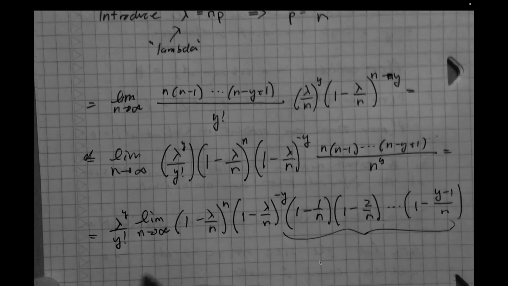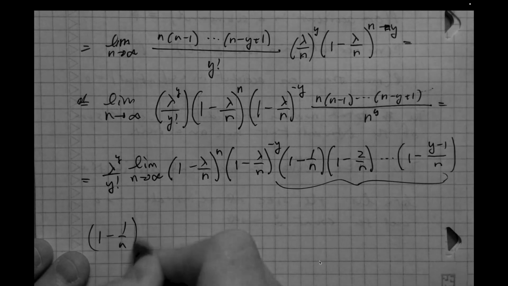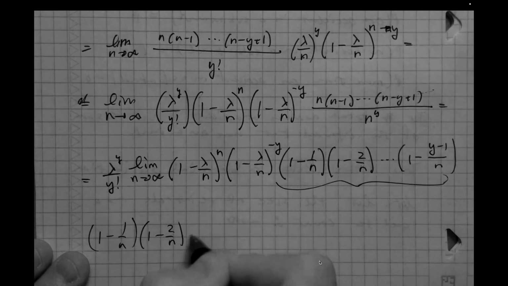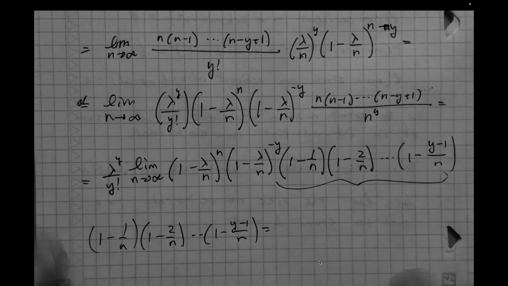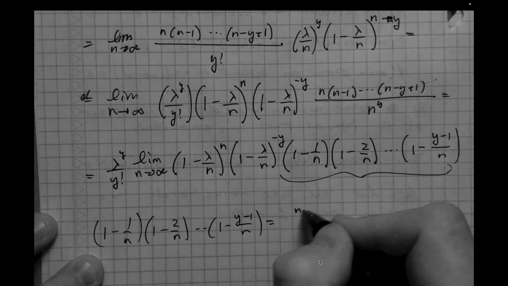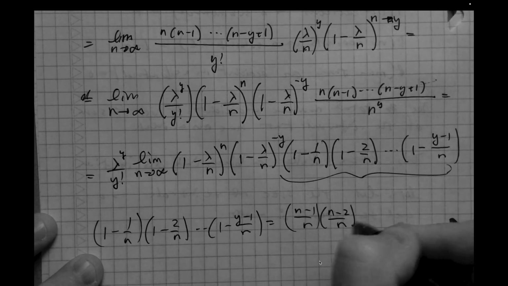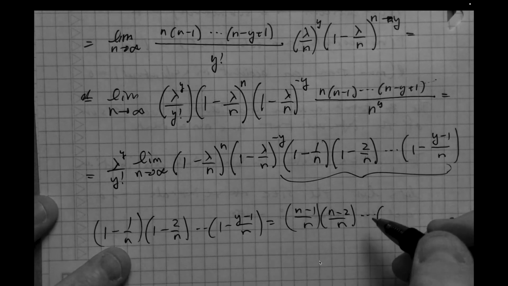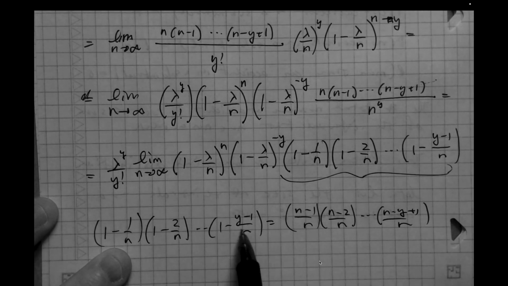You can get a common denominator in each of these, and you've got n minus 1 over n times n minus 2 over n dot dot dot times n minus y plus 1 over n. That's this one.